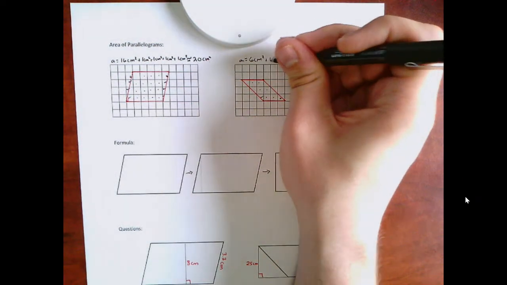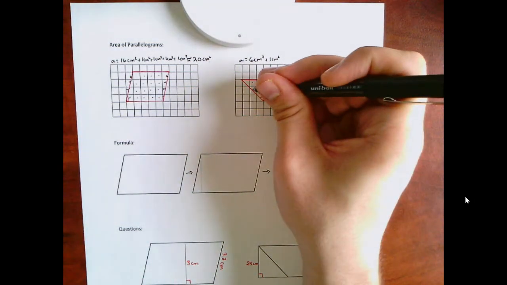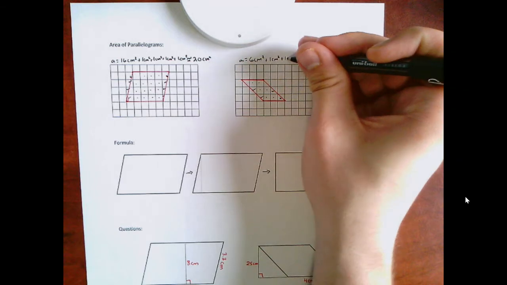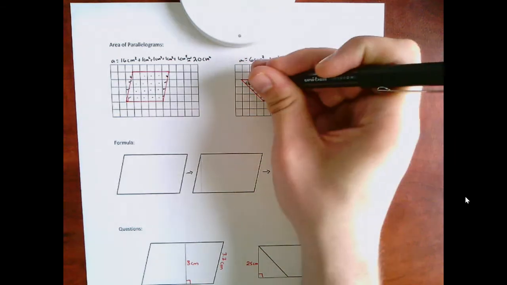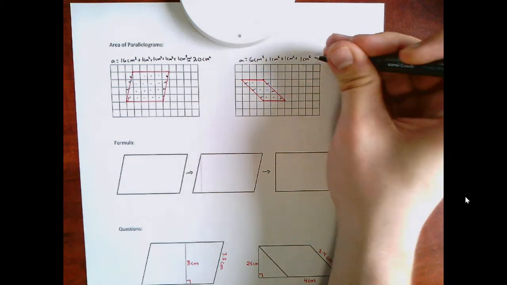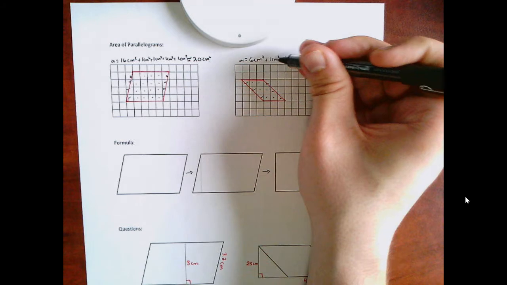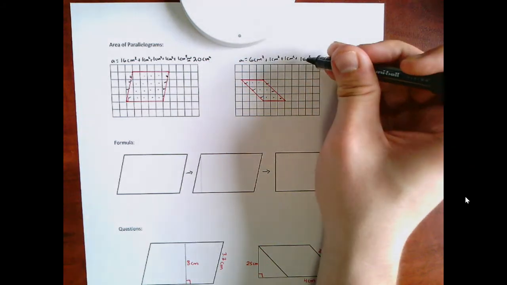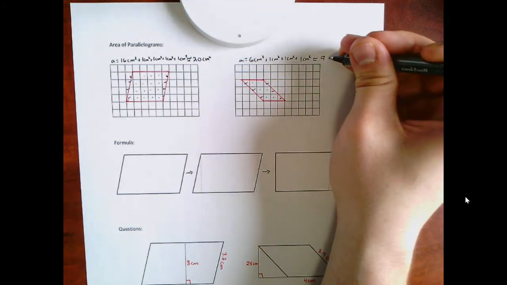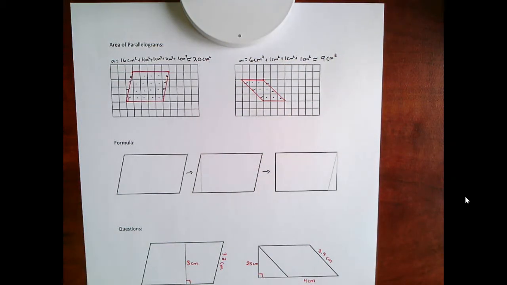That's 1 centimeter squared. And this part here, it does kind of fit with this one. So another centimeter squared. And this one, yeah, sort of with this one. So another centimeter squared. Which gives us, again, the approximate 6 plus 1, 7, 8, 9 centimeters squared. So if you're asked to estimate the area, you can use that method.